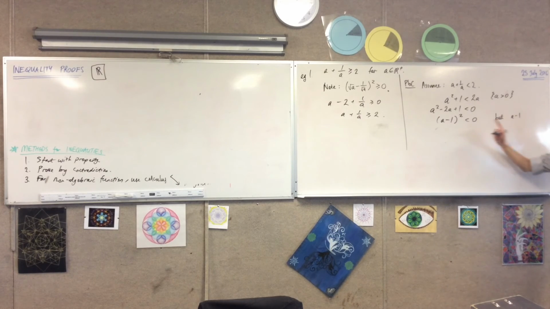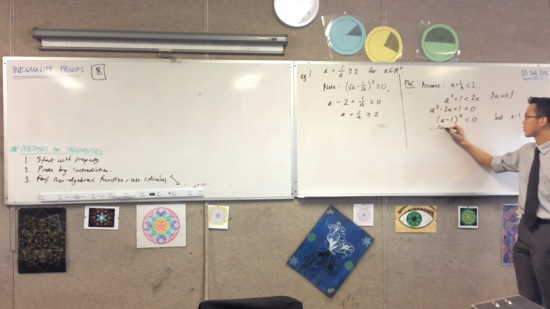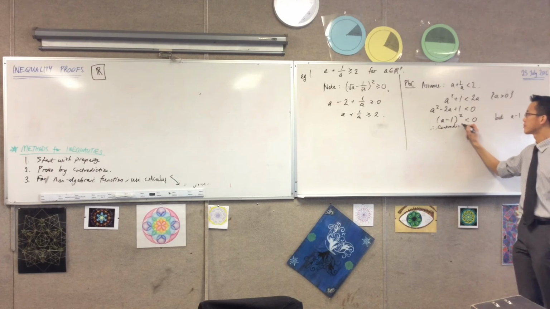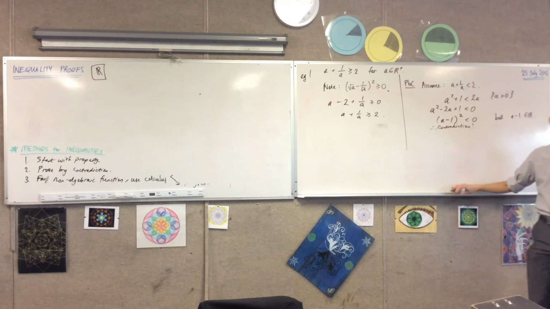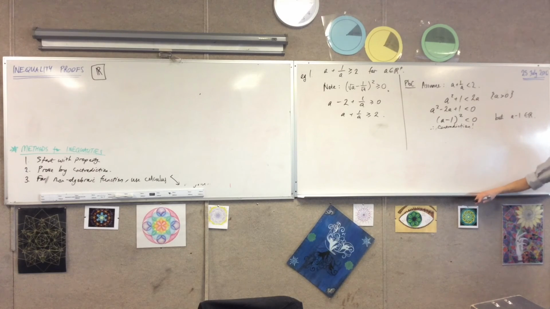But a take away 1, that's the thing being squared, it's a real number, because a is a real number, so subtracting 1 doesn't take it out of the real field. It's still a real number. So if it's a real number, that can't be the case. Therefore, you have a contradiction. Just for lols, I always write contradiction with an exclamation mark. So this clearly can't be the case.